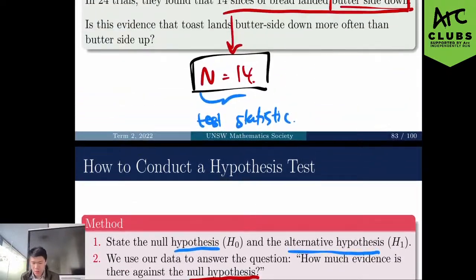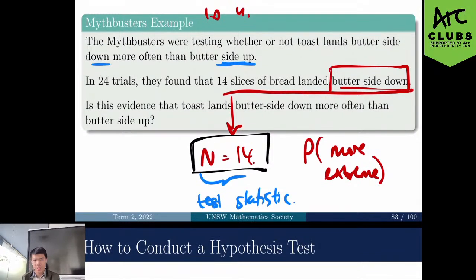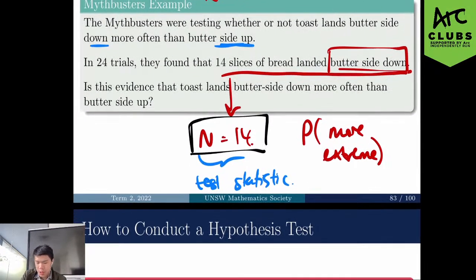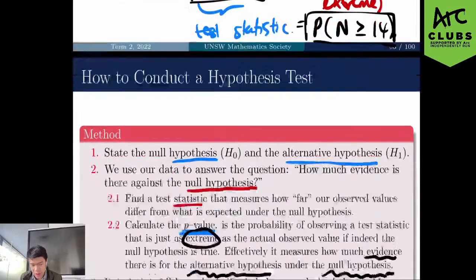So the probability of being more extreme is actually the probability that we got more evidence that it lands bottom side down. So it's actually the probability that n is greater than or equal to 14. Right, so we'll go through that more rigorously later, but that's what a p-value is.